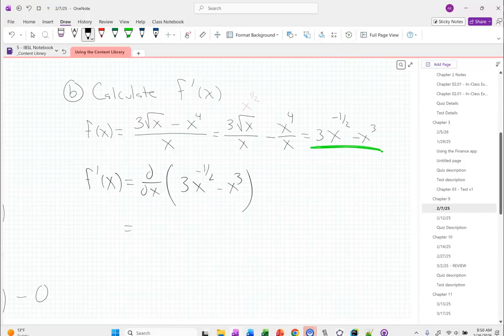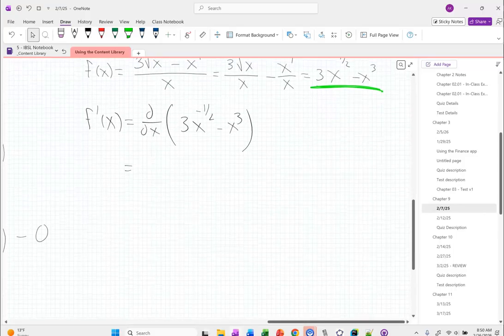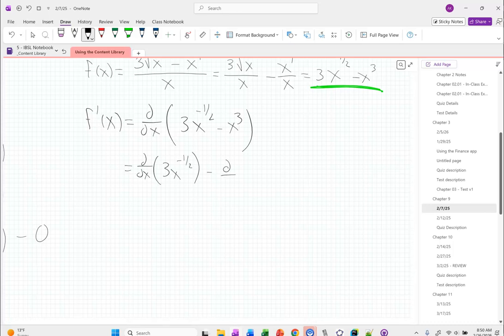First step, I can distribute the derivative operation across the function because there is a subtraction going on there. The next step, I would look to take out the constant.